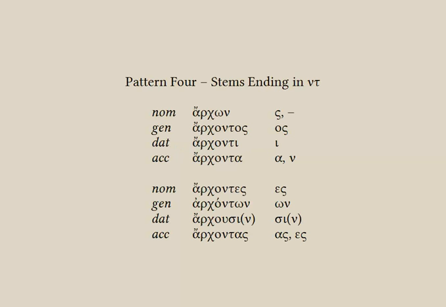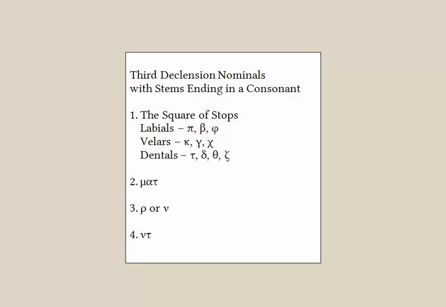Even in LSJ, Liddell, Scott, and Jones, the large lexicon, there's no verb drako. There are only 7 nouns used in the New Testament that follow pattern 4, but this pattern occurs very frequently since it's part of both the present and second aorist participle paradigms that we'll look at later. So it's very important even though only a few nouns use it.